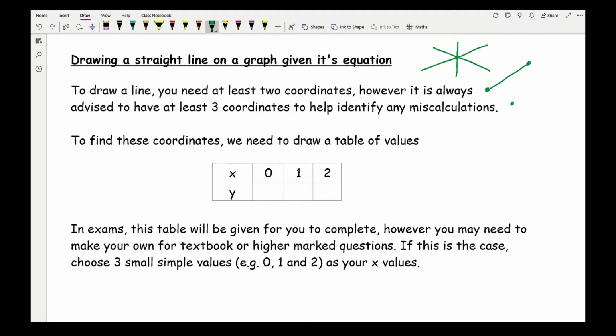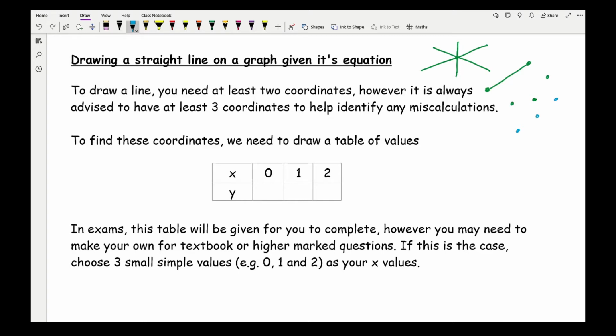Now, the reason why we go for 3 points as a bare minimum is because if you were to plot them, as you can see with these 3 green points I can plot there, they don't quite make a straight line. So one of the points is at least wrong. So it helps me identify whether I've made a mistake. Whereas if I had, let's say, points that went straight in a line, then I'm saying, yeah, definitely that looks correct, so I'm just going to go for it.